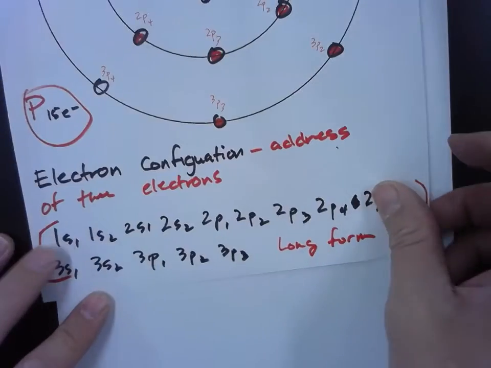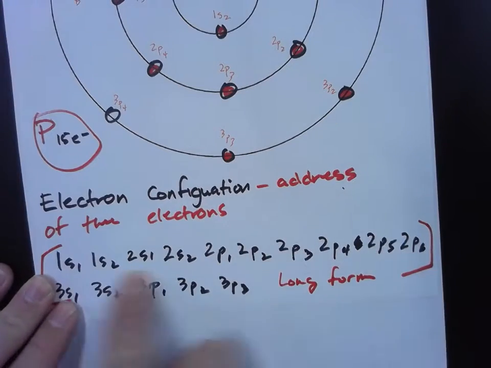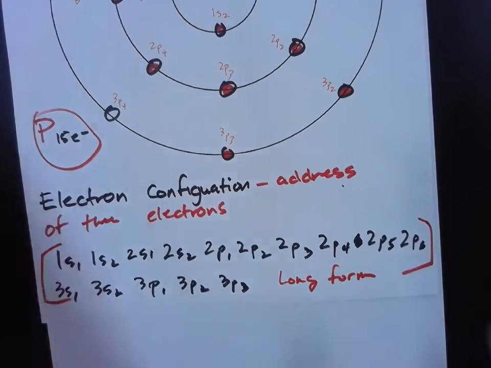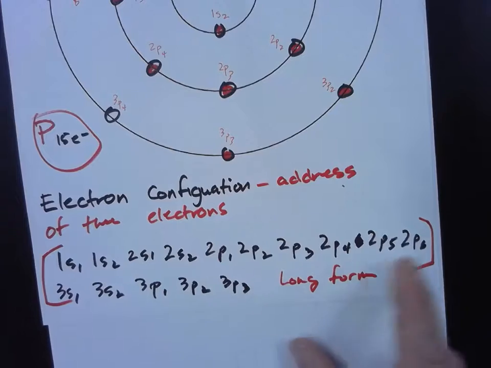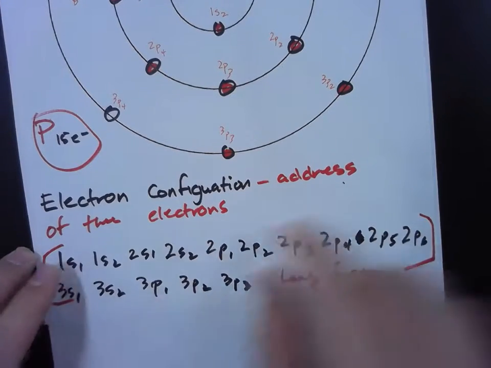Let me get a clean sheet of paper. Okay, so one more time. We've agreed that this is neon. That's the configuration for neon, right? So we take this configuration, abbreviate it like so.